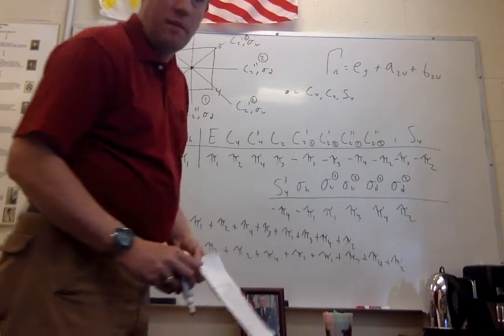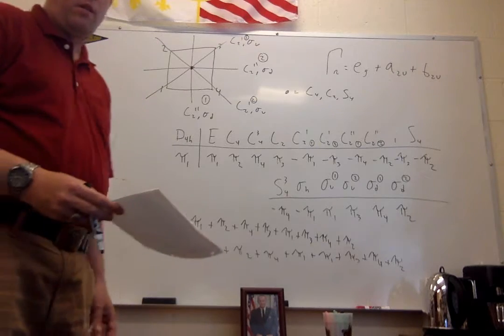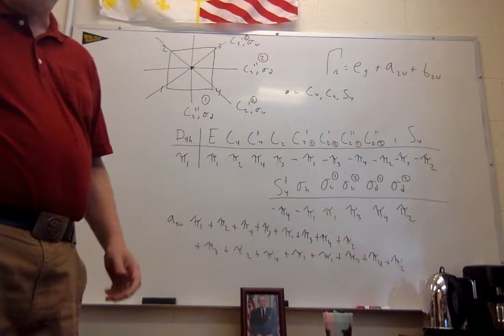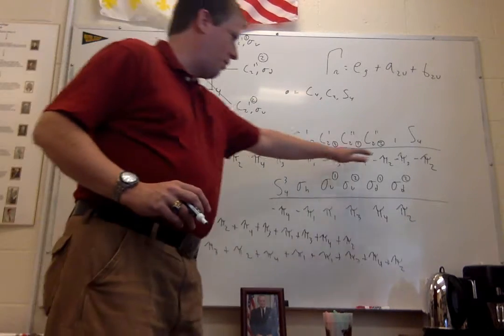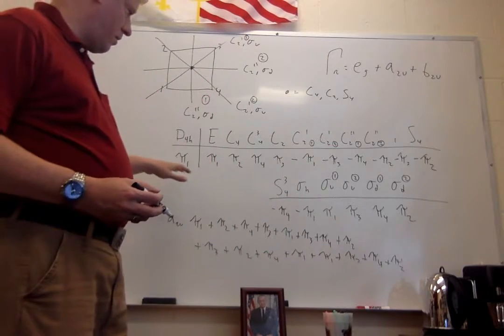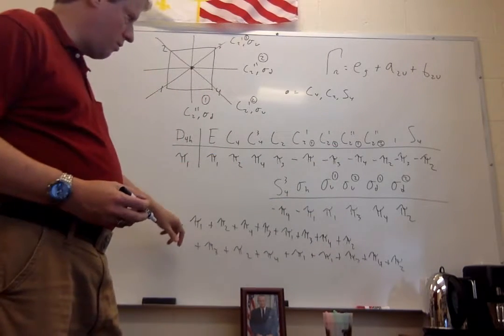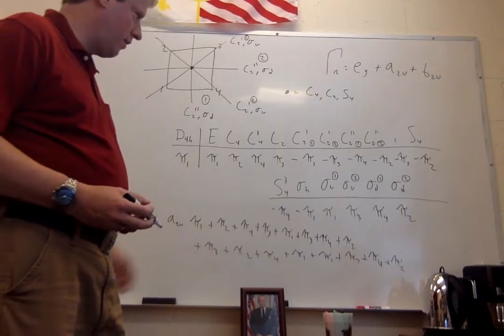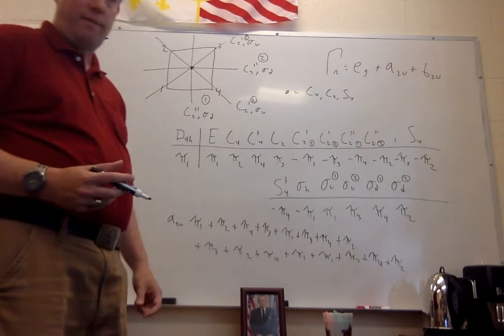So you can see all that. And so again, for this, all you do is you take these individual ones, you transpose underneath the characters from A2U, and you put them all together.